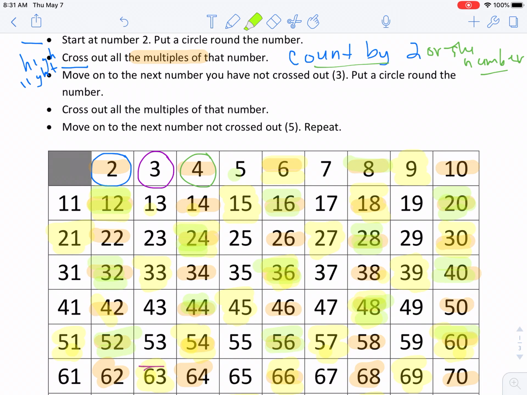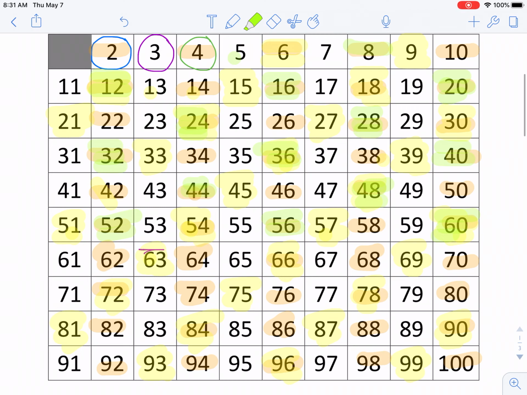If you look at your 4 coloring, 64, 68, 72, 76, 80, 84, 88. And there weren't quite as many to color in this time. 92, 96, 100. So those are multiples of 4.